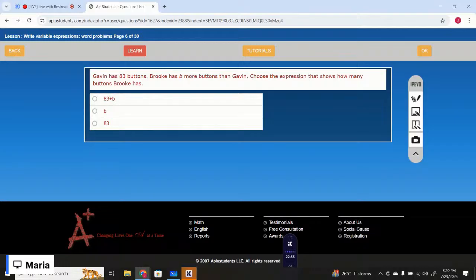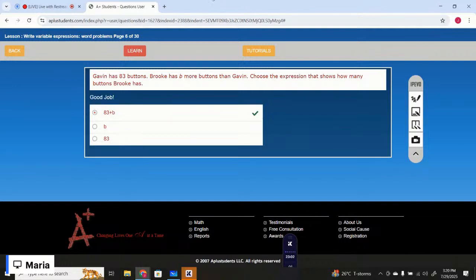B more buttons than Gavin. So that would be 83 plus B. Option number 1 is the correct option.